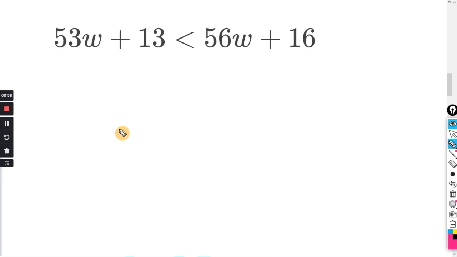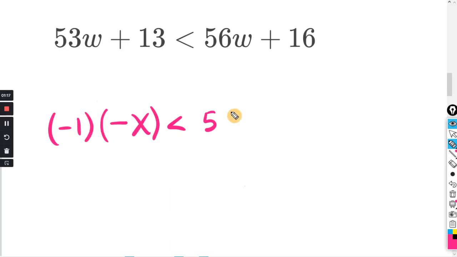Just real quick. Let's say you end up with negative x is less than 5, and you're trying to solve for x. Since it's negative x, you would just multiply both sides by -1. We do that on the left, and then on the right.